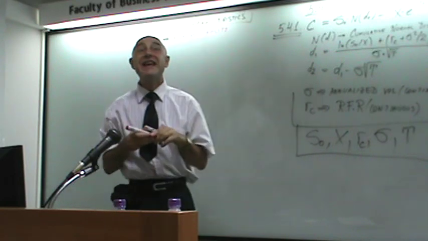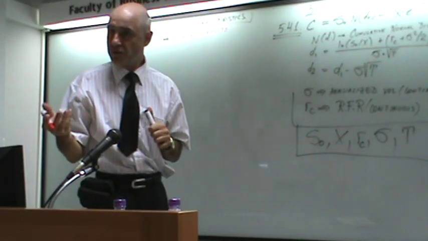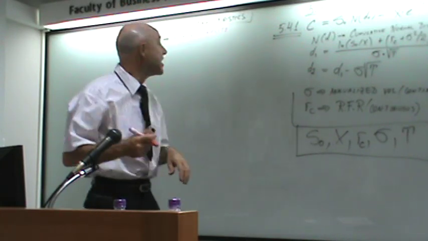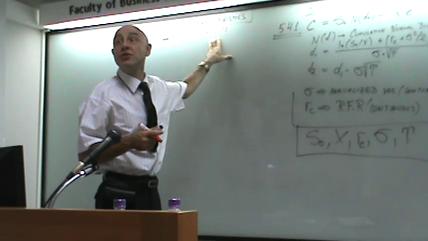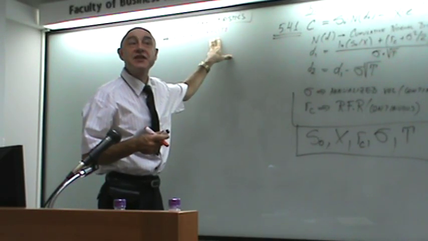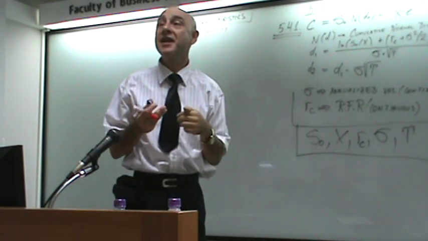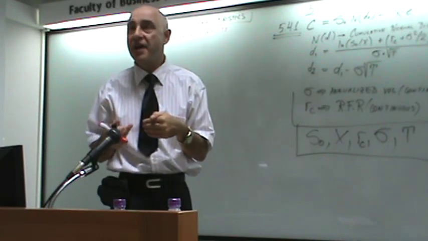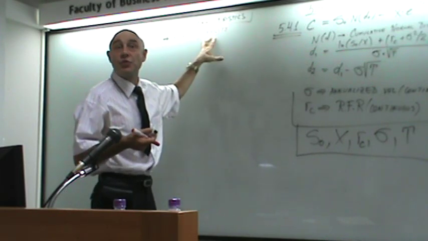The model implicitly assumes, or the value is based on investors being risk neutral. And the risk neutrality is based on the idea that you can construct a risk-free portfolio. And for a risk-free portfolio, people are risk neutral.